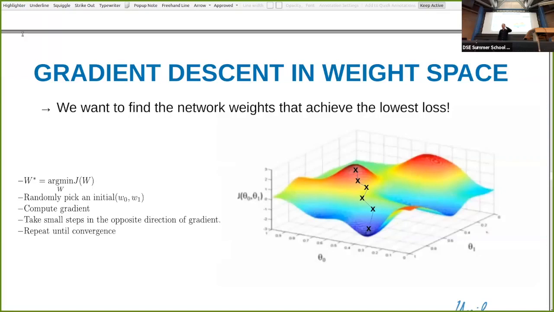Then I start my optimization procedure somewhere, say here. Then I compute the gradient. I take the step. Then I compute the gradient again. I walk down. So this is the typical intuition about gradient descent. Notice a few things. First of all, this doesn't lead you automatically to the global optimum.